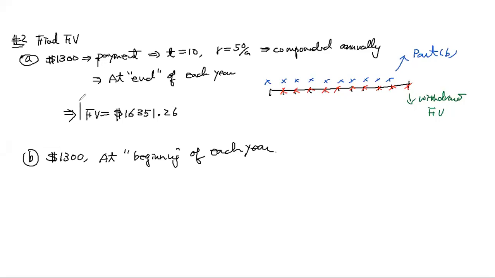That's how much value you're going to get in 10 years. And if you deposit at the beginning of each year, your future value here is going to be 17,168.82. Okay.